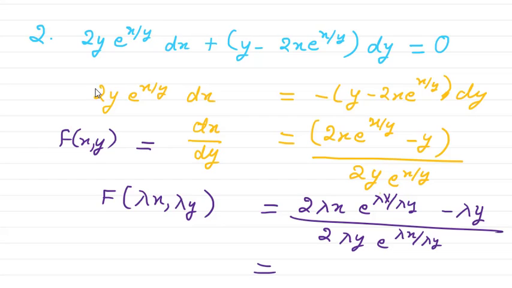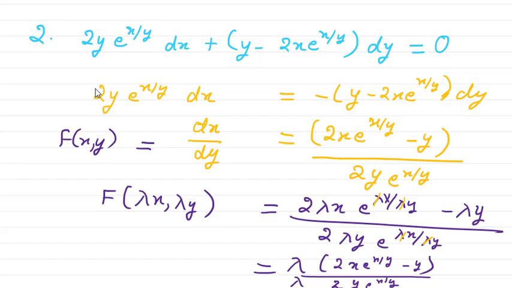So this λ is cancelling with this one, and this will cancel with this one. In the numerator you can take λ common. So here you'll get 2x e^(x/y) − y, and from the denominator you just have a λ and then you have 2y e^(x/y).